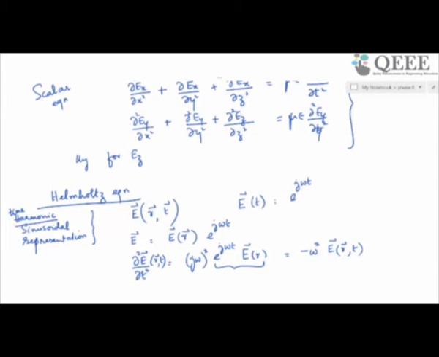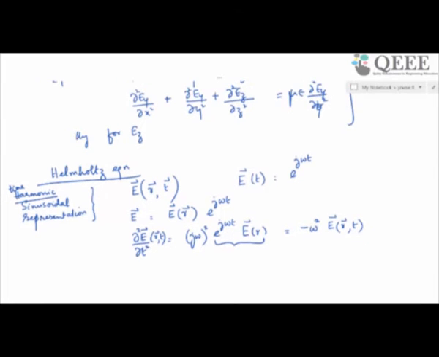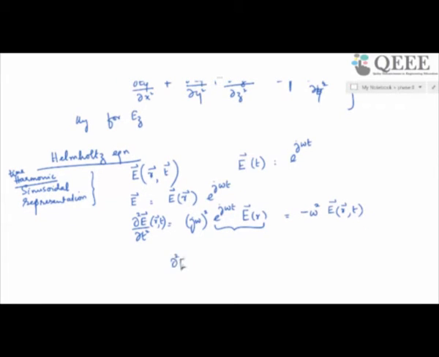So, then I can write del square E, which is my grad square E, instead of writing it as mu epsilon del square E by del t square, as minus mu epsilon omega square E. So, I can get rid of the time differentiation.